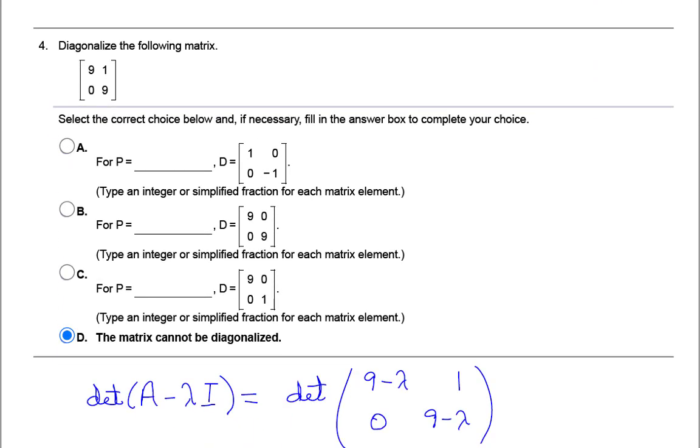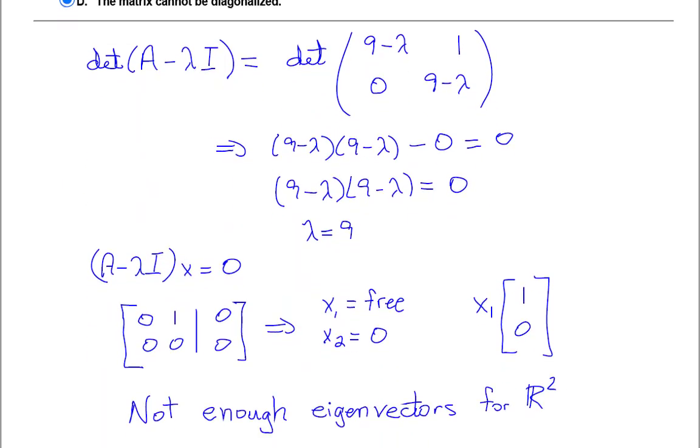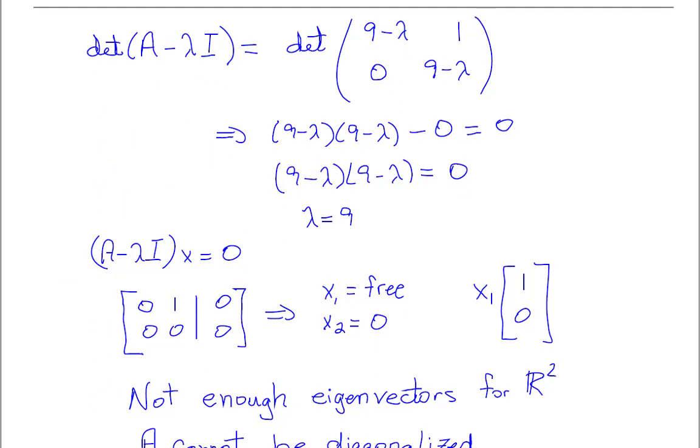Alright, so in question 4, we have a new matrix. We'd like to diagonalize it. Let's see if we can. So I go about looking for the determinant to figure out the eigenvalues. Downward diagonal minus the upward. And so in this case, because of the way our original matrix looked, I only get one eigenvalue. Well, plug that in now.